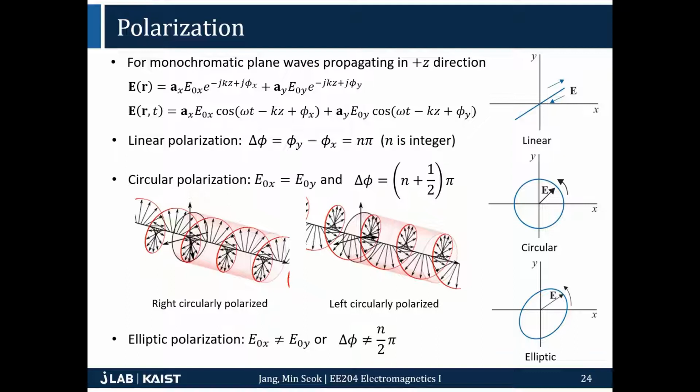So nothing prevents the electric field and magnetic field from rotating as time goes by, right? As long as they are mutually perpendicular and perpendicular to k, they can do anything. So that's what we are dealing with here. And we want to classify the behavior of this polarization as linear, circular.